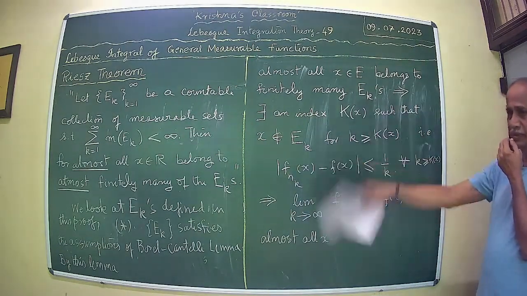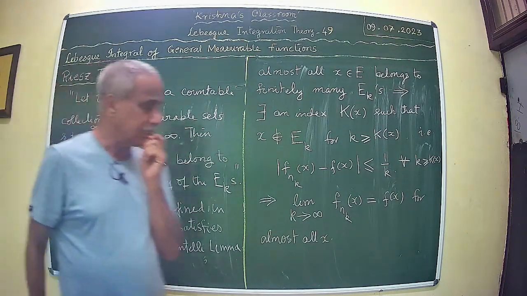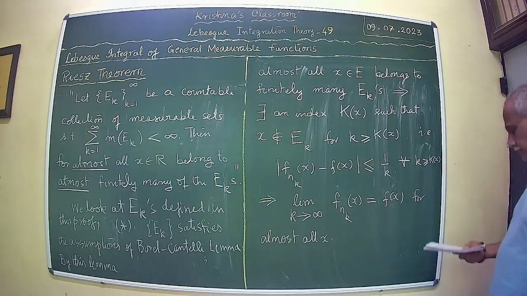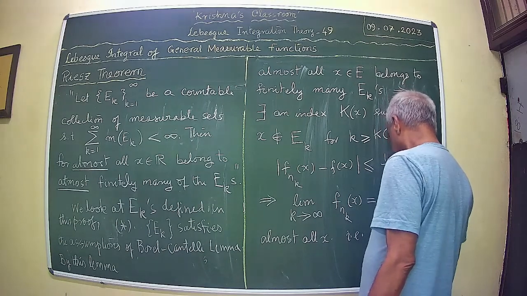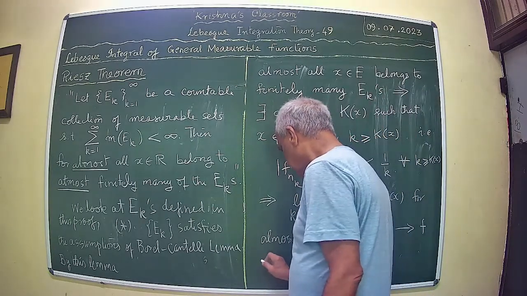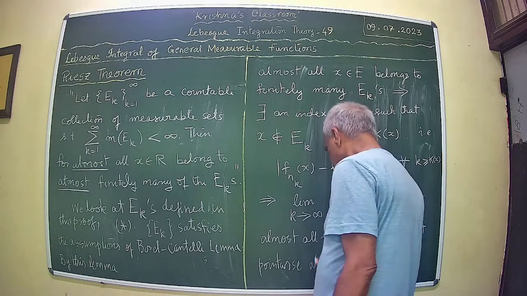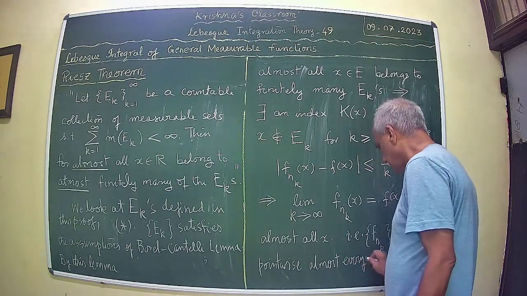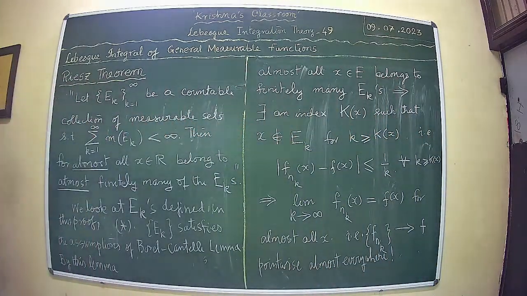So you have the subsequence f_nk converging pointwise almost everywhere. That proves this theorem.